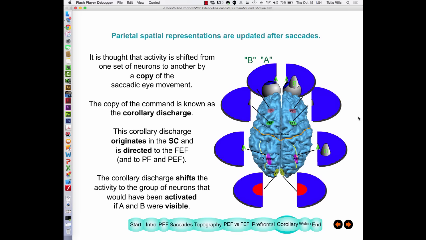So this corollary discharge shifts A and B. It shifts A to where it would be were it visible, and B to where it would be if you were to now make a saccade to it.